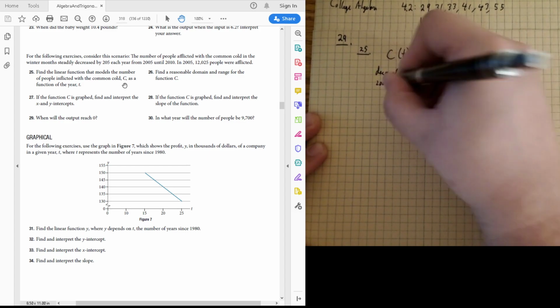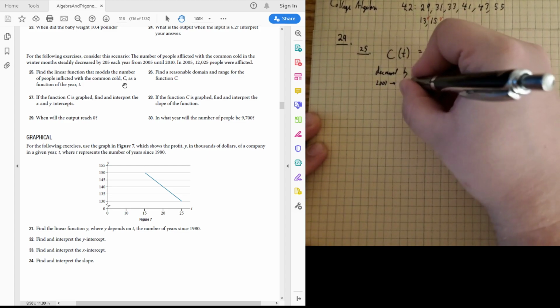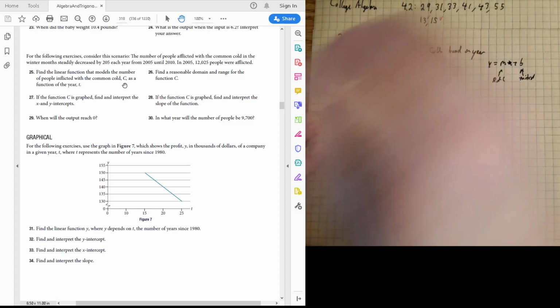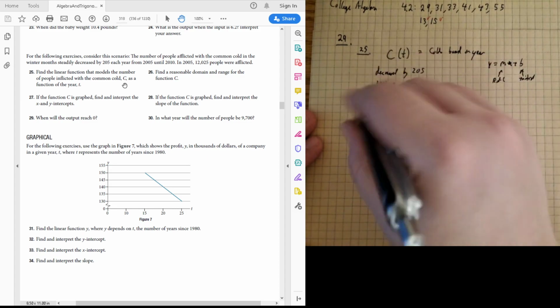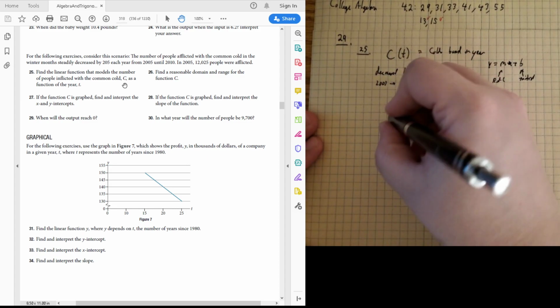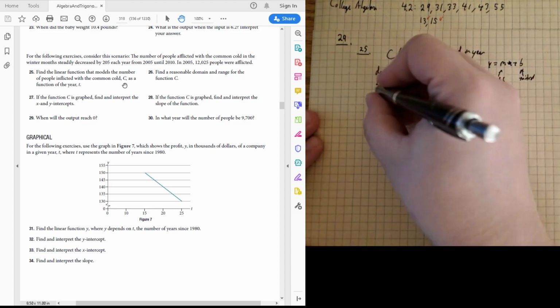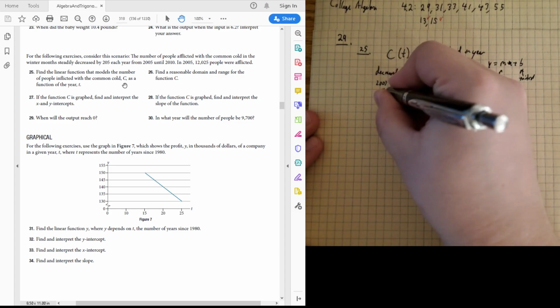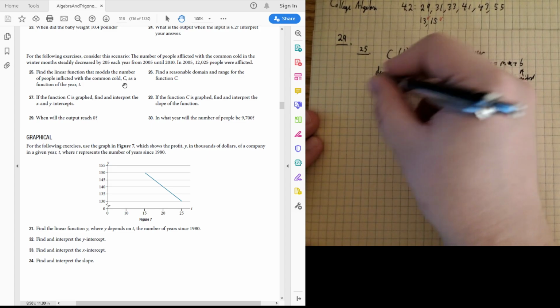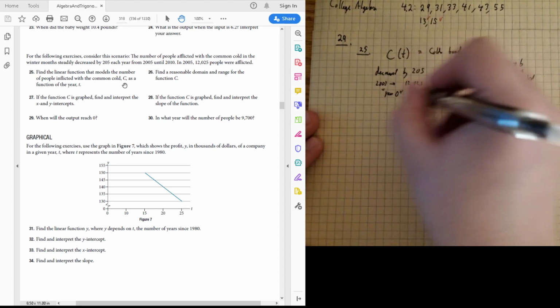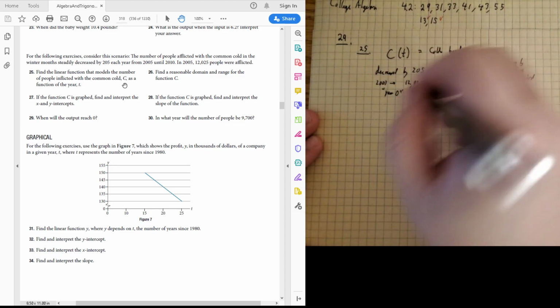This is our starting value. We had 12,025 people. Now, in this example, if we're starting at 2005, I could start my graph at 2005, or I could think of 2005 as my year zero, because the first year we're talking about is 2005.